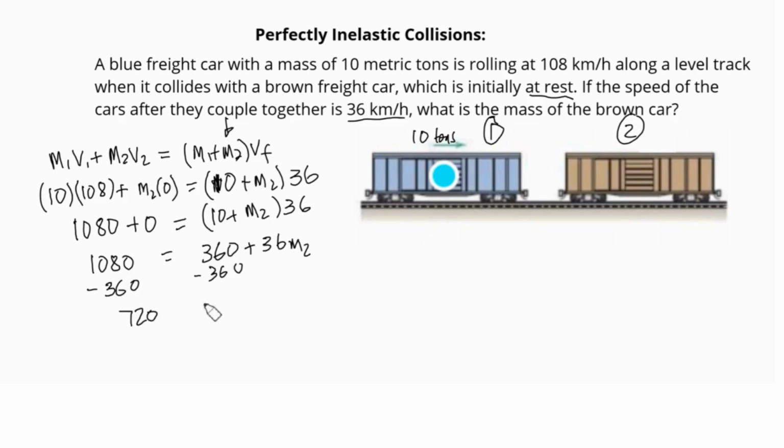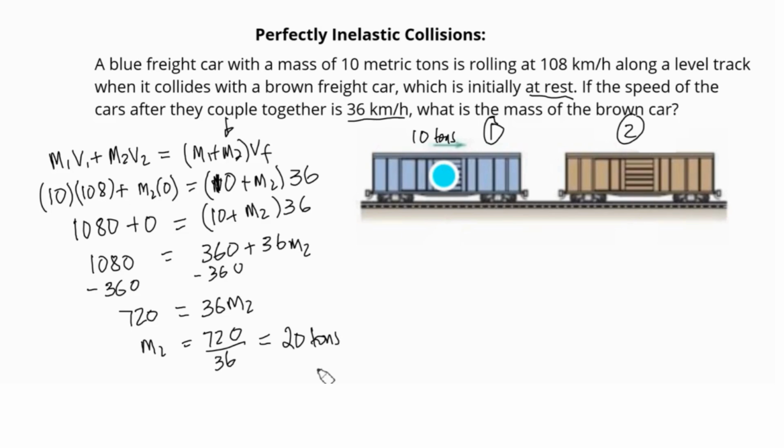So 720 is equal to 36 m2. Then m2 would be 720 divided by 36, and that would be 20 tons.